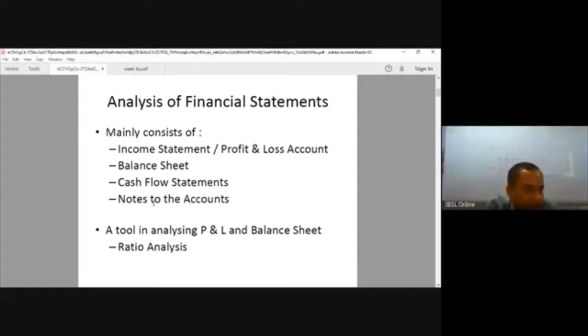Then let's say there are things like prepayments. Now you go and pay the advances or the rental. Let us say we have paid rental in advance for the building this year, which is relevant for next year also. So this year, cash has gone out.